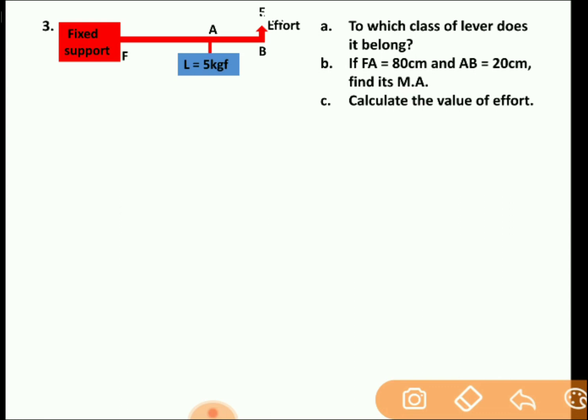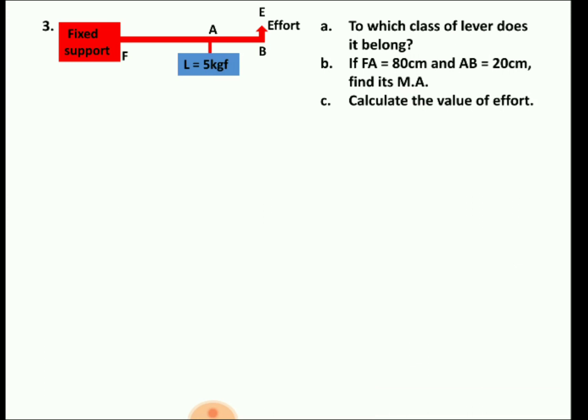Don't say AB is effort arm, because A is not a fulcrum. Load arm, effort arm, we always calculate from the fulcrum. In this case, this is load arm. Why? Because F is fulcrum. If I have to calculate effort arm, I have to calculate from fulcrum till effort. So our effort arm will be FA plus AB.